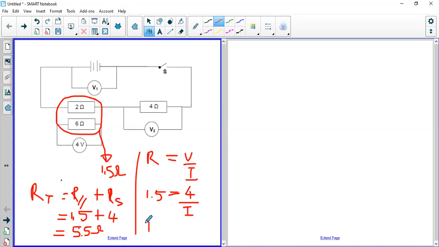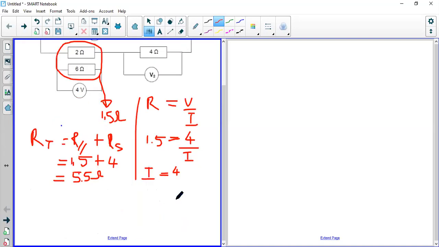Then I make current the subject of the formula. So it's going to be 4 divided by 1,5. Let me just do that quickly. 4 divided by 1,5, yeah.